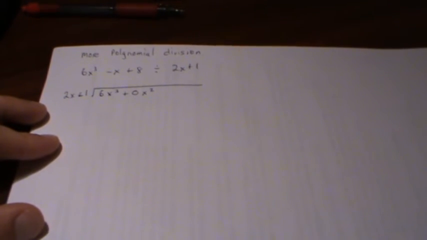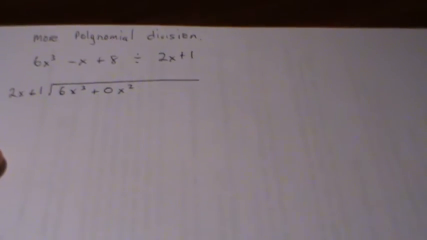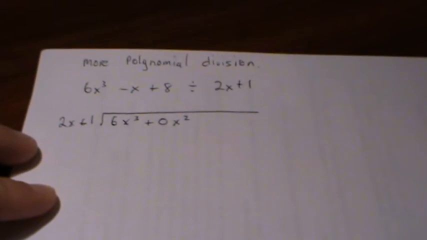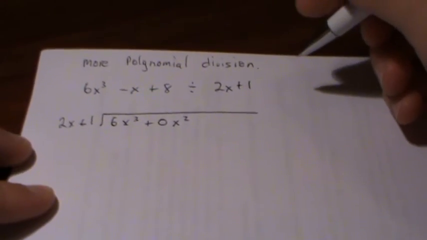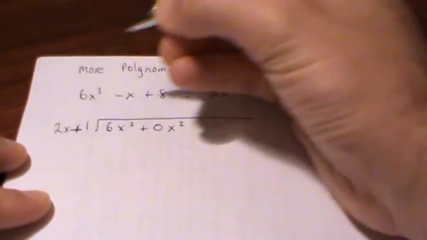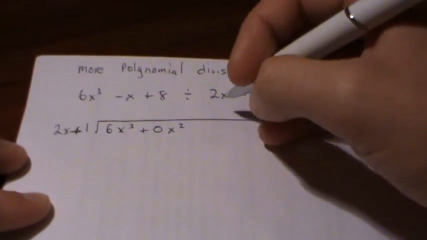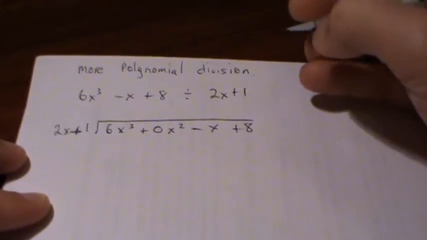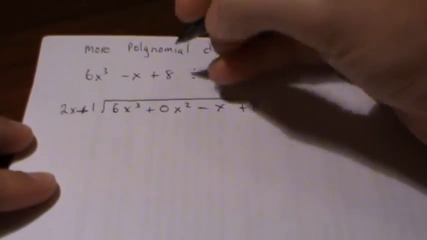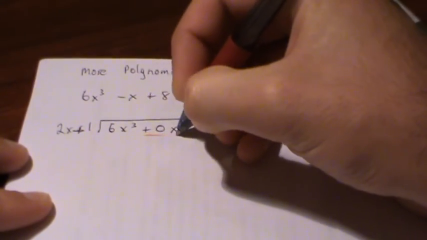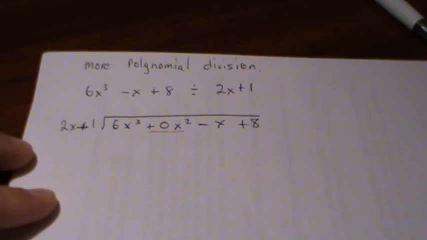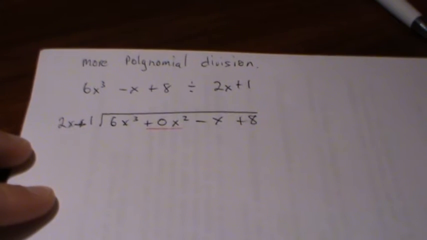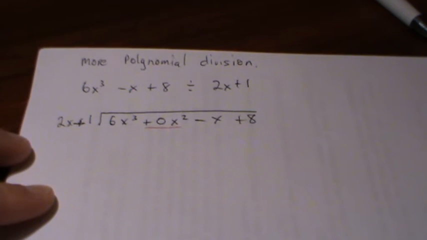And this is a plus 1. And let's see here, minus x plus 8. So notice this here in red, that must be added to the polynomial.